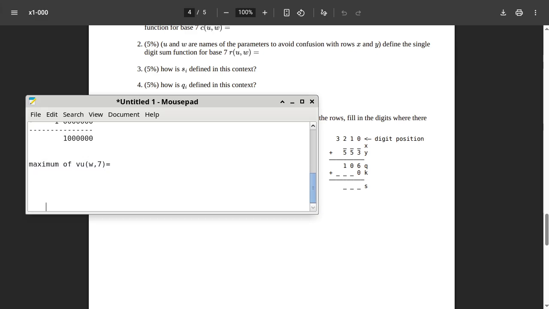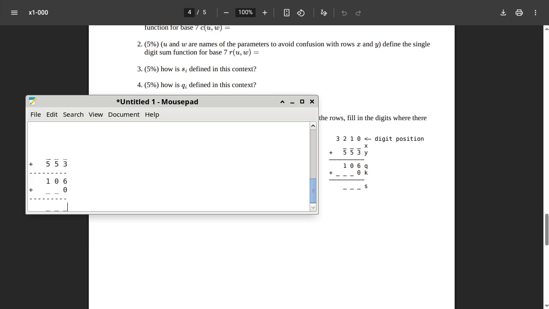So we're going to go something, something, something plus 553, ending up with 106 plus something, something, 0, ending up with something, something, something.